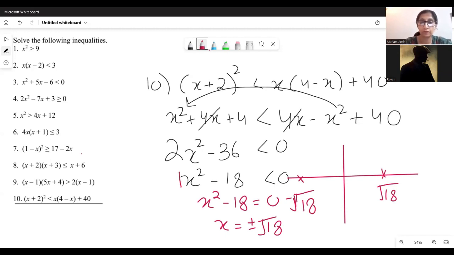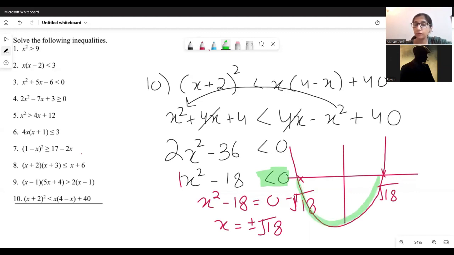A U-shaped graph because we have positive x squared, and the inequality is less than 0. So what part of the graph should I shade? If it's less than 0, then you should shade the part below, below the x-axis, this part of the graph.